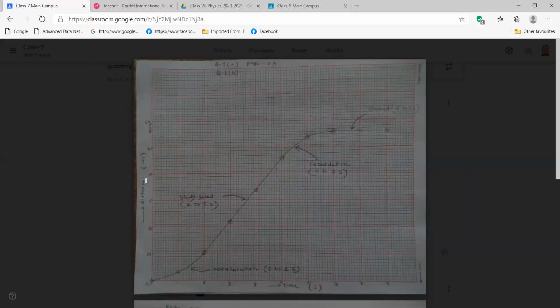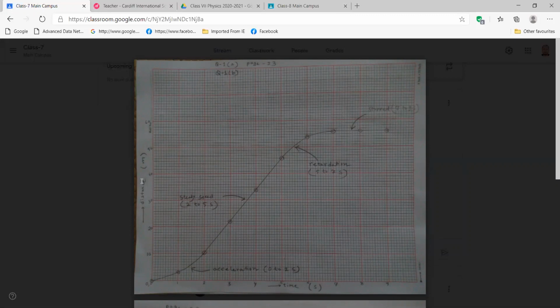In your graph paper, whatever the graph paper you are getting, if it is in inch or in centimeter, no problem. What is our task? I'm giving you the description. Then if you have any questions, you can ask me.